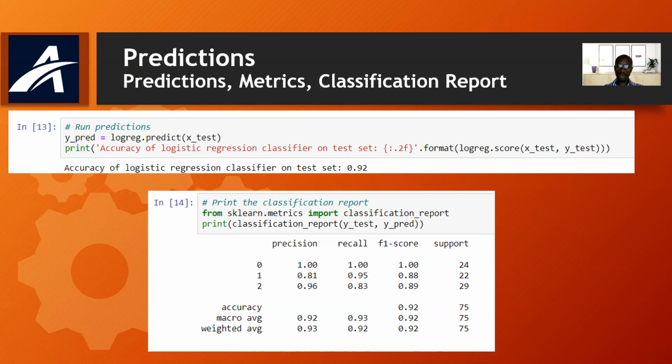For 0, it picked 24 samples. For 1, it picked 22 samples. And for 2, it picked 29 samples. So the accuracy is between 92 and 93% on average, and that is pretty much a good accuracy level.